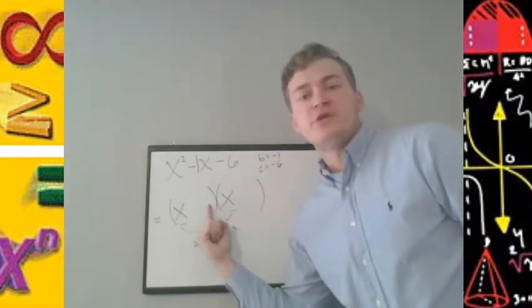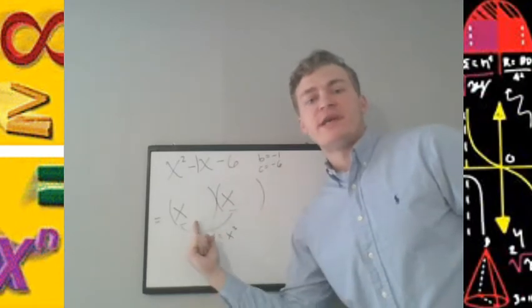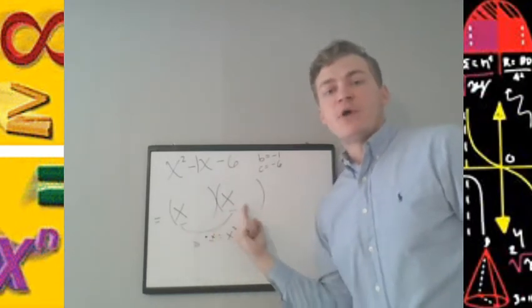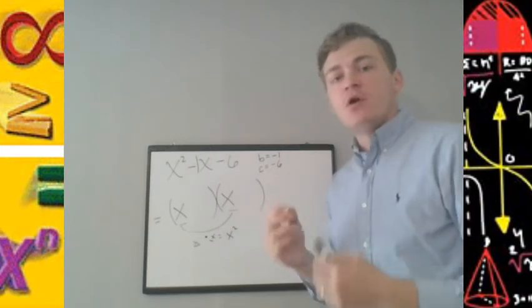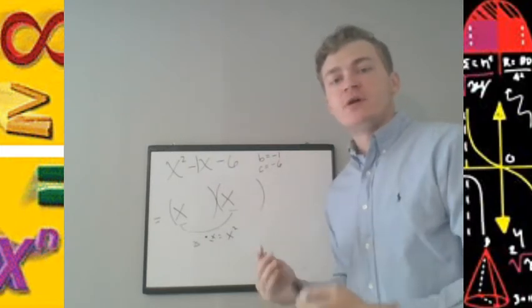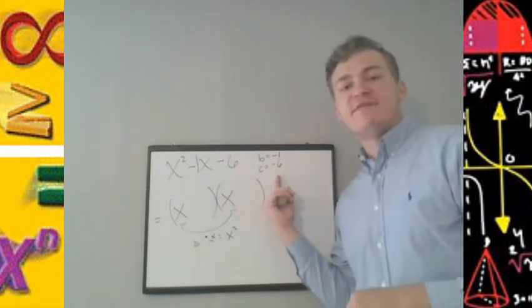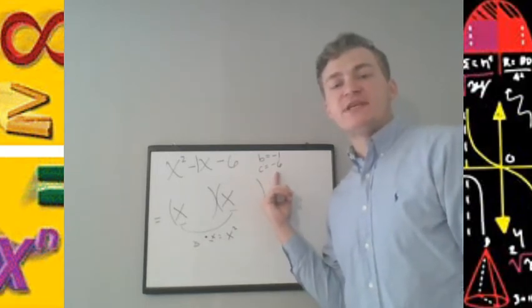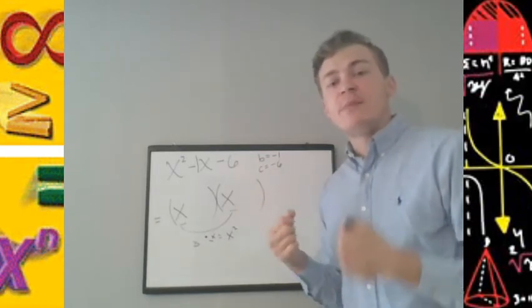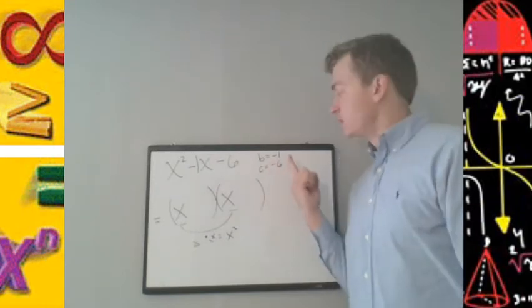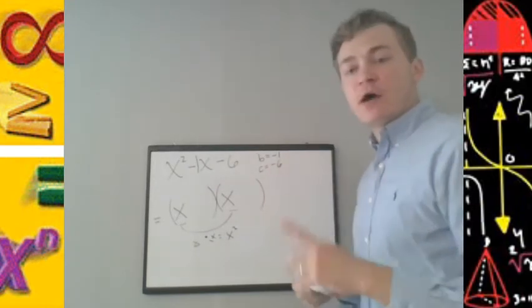So in order to determine what goes here and here, we ask ourselves this question: what two integers will multiply to give us our c value, our constant of negative 6, while at the same time combining to give us negative 1? I'll write that out here.